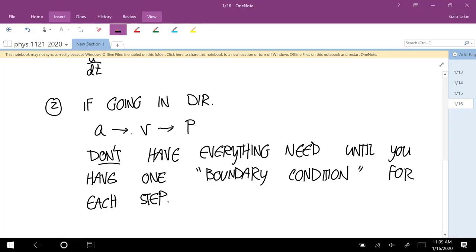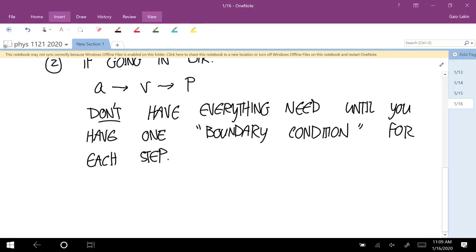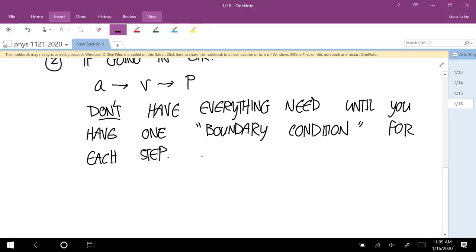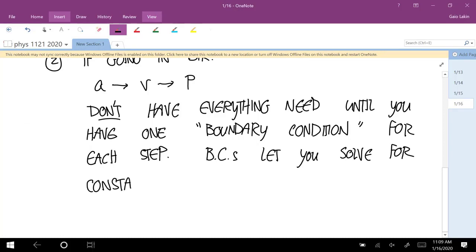And the boundary conditions let you solve for the constants of integration.